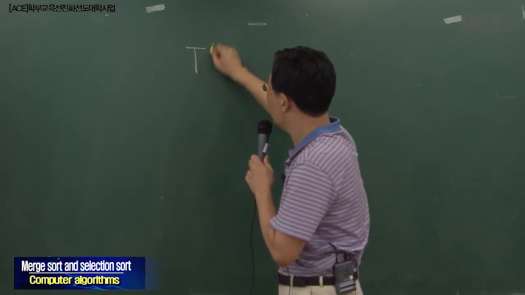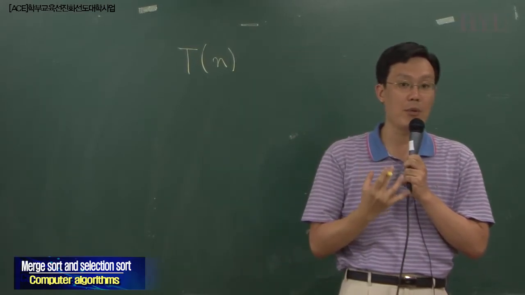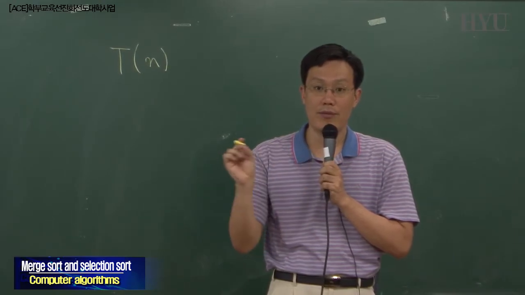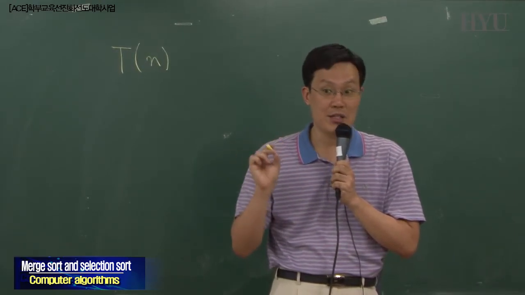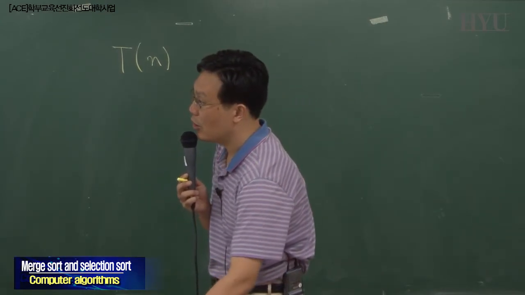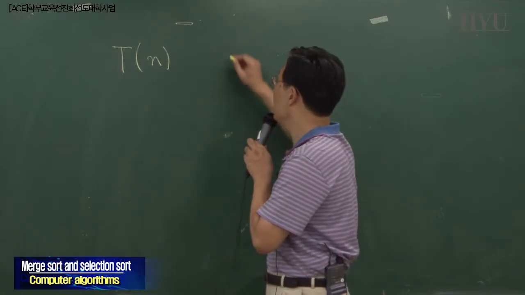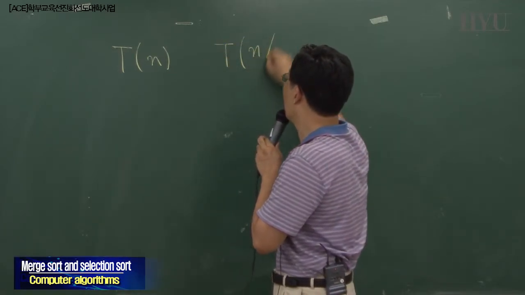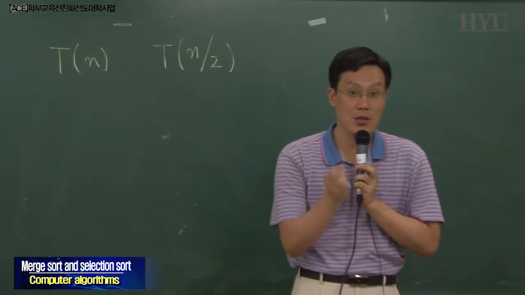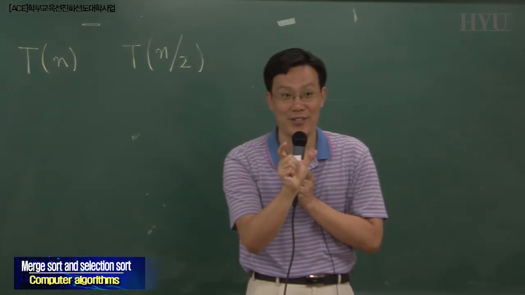Let T of n denote the running time of the merge sort when the number of keys is n. Then the running time of this merge sort can be denoted by T of n over 2, because the size of array is halved.